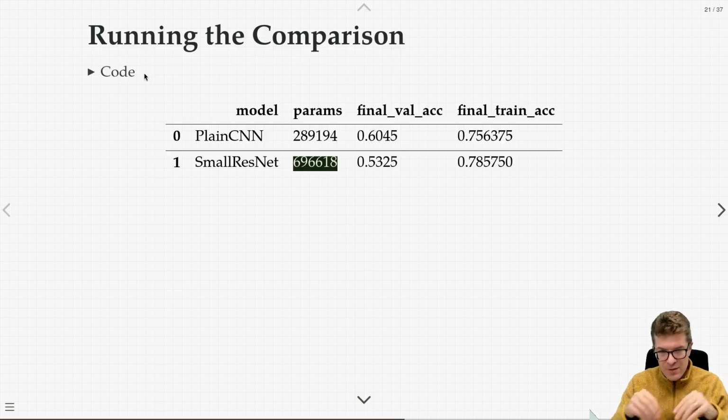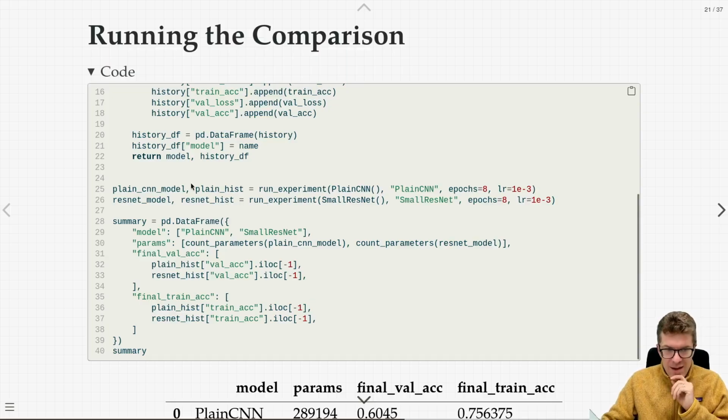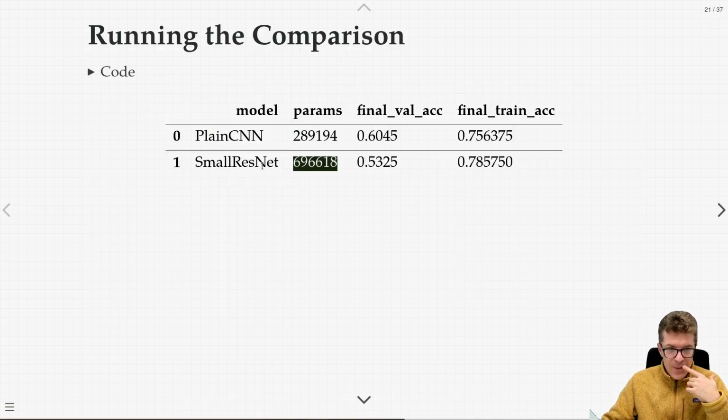It's just that I have a bunch of extra parameters I have to keep track of because of my bottlenecks and because of my skip connections. But I have the same number of blocks. So I have the same number of plain CNN blocks as I have of small ResNet blocks. So I'm trying to keep things as comparable as possible to compare apples to apples, so to speak. Anyway, I run the experiments, I keep my models, and I maintain my history.